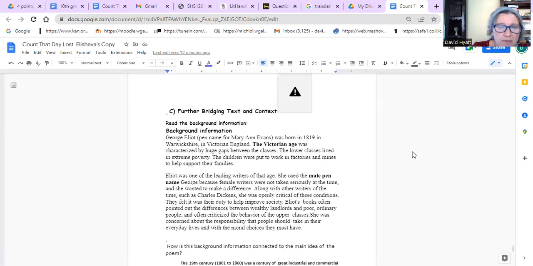Now, there's another thing which is very important. Here it's bridging. It's to make a connection.